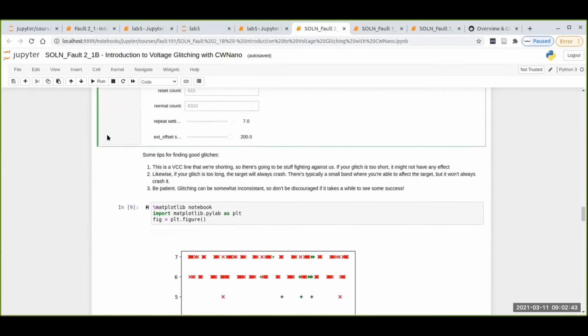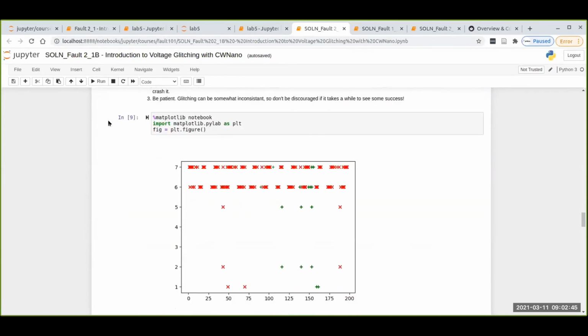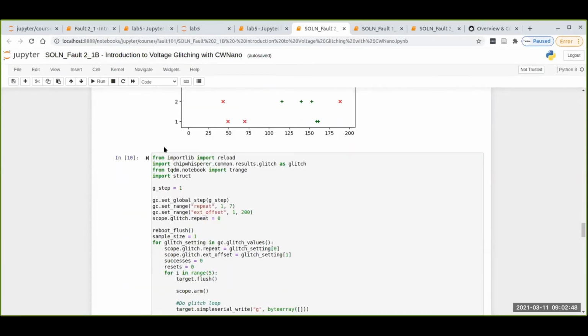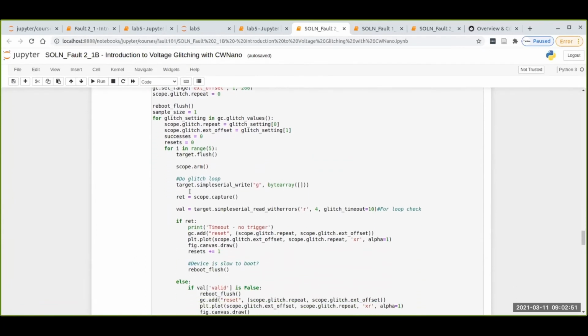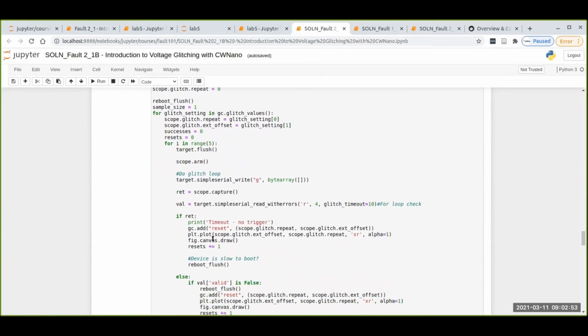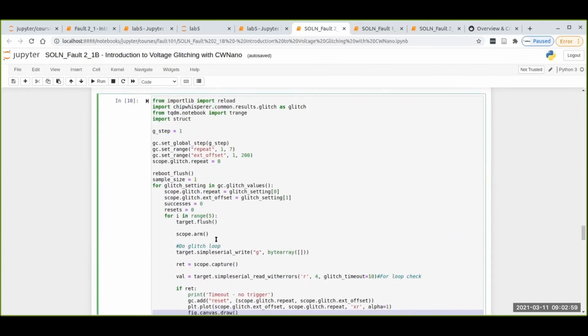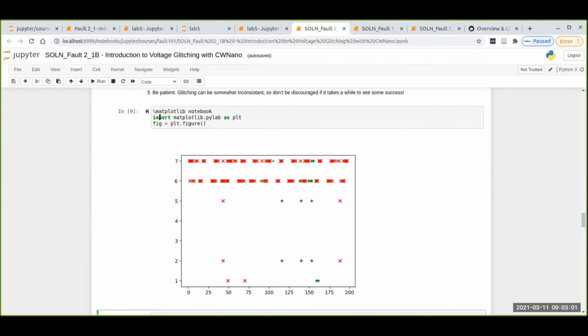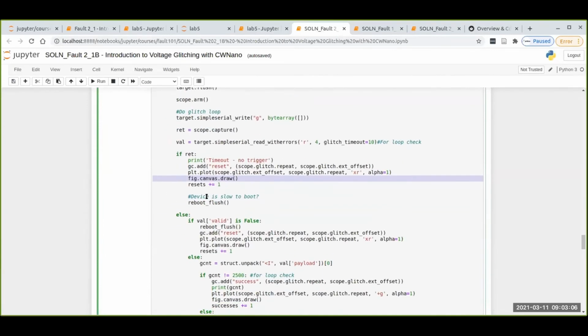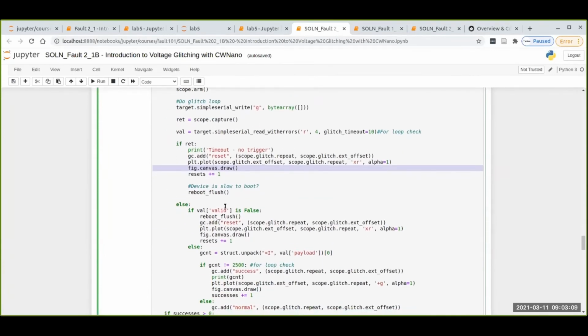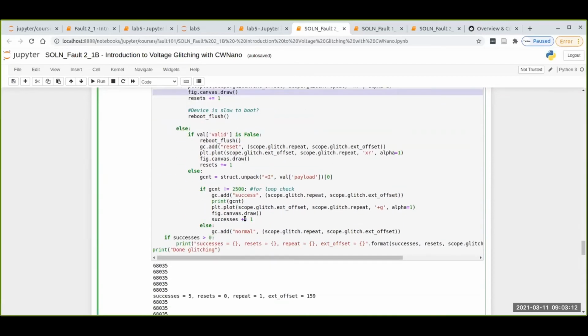When you run the very next cell, all the data above will update. These are basically your monitors. When you run this cell, the plot updates. Here's the plot, and you'll see there's a fig.canvas draw that is updating this fig up here. All of the glitch data, whether it's successful, if it reset, all of that, gets added.